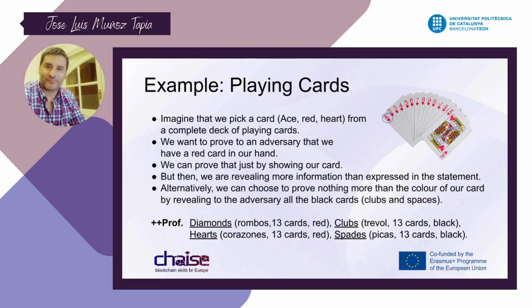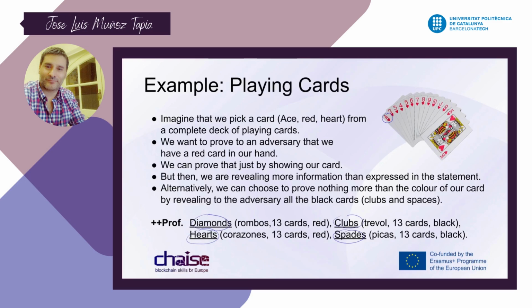The idea is that you pick a card and you want to prove to me the color of this card. Remember that clubs and spades are black, while diamonds and hearts are red.